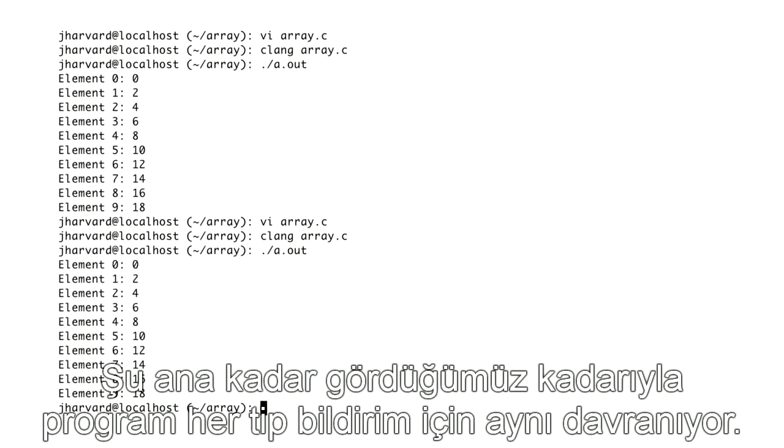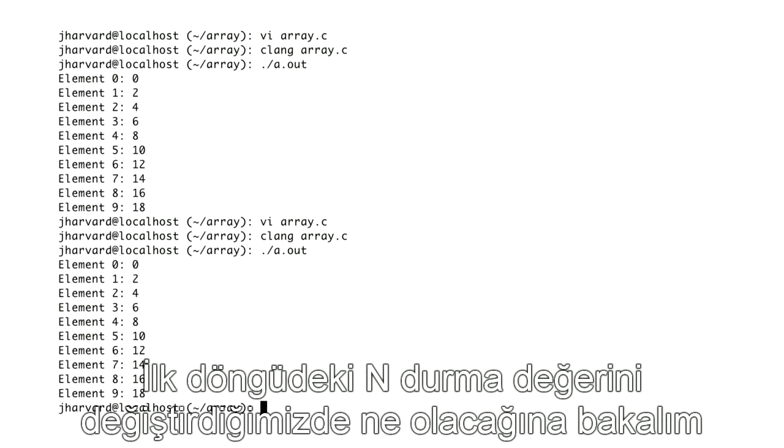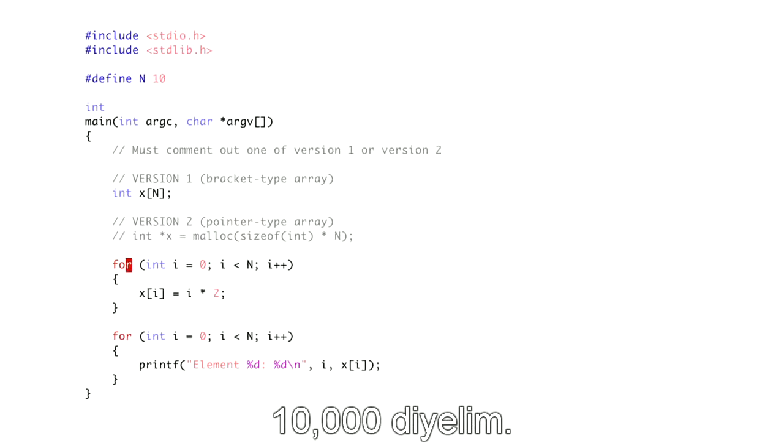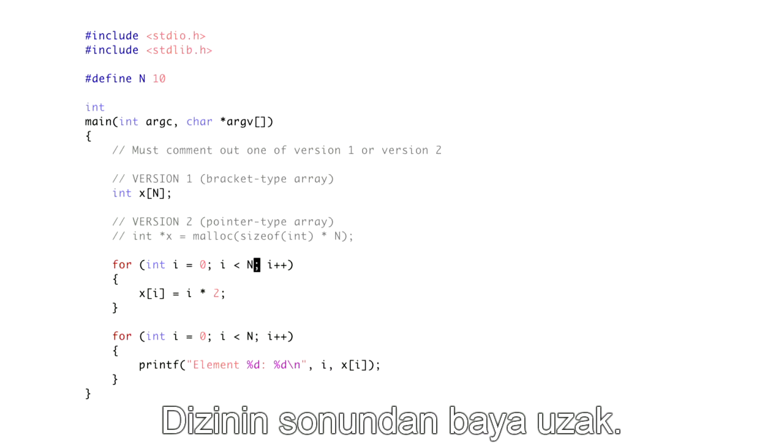As far as we can see, the program behaves the same way for both types of declarations. Let's also take a look at what happens if we change the first loop to not stop at n, but rather say 10,000, way beyond the end of the array.